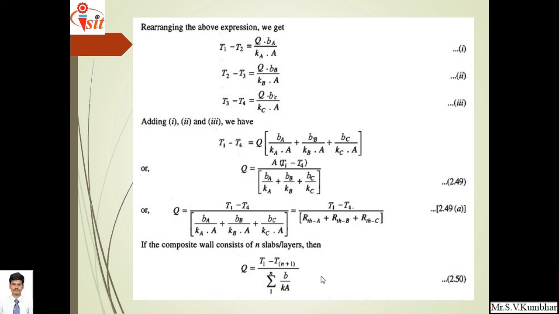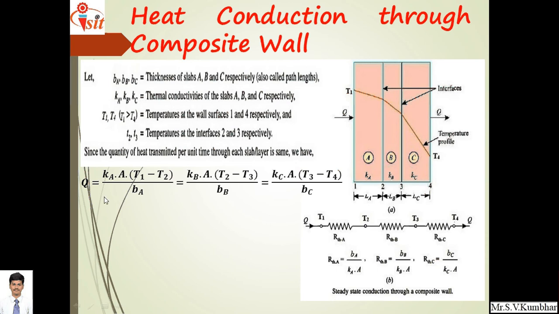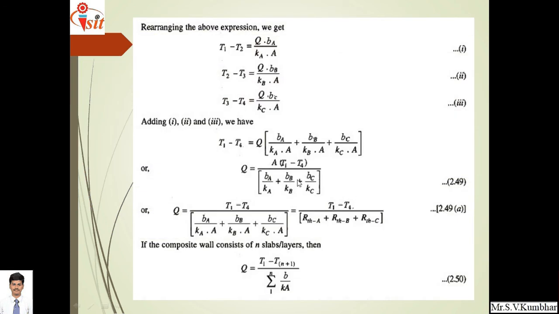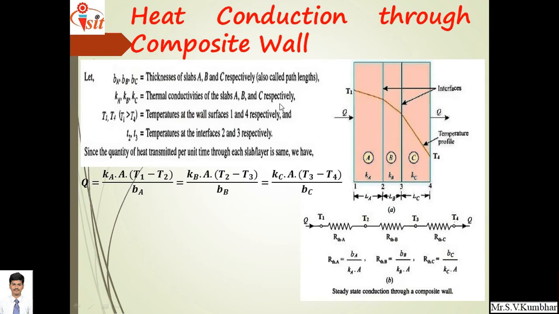Now rearranging this equation, try to express it in terms of T1 minus T2, T2 minus T3, and T3 minus T4. Just rearrange this and we will get T1 minus T2 is equal to Q Ba upon Ka A, T2 minus T3 is equal to Q Bb upon Kb A, and T3 minus T4 is equal to Q Bc upon Kc A. I would like to repeat once again.